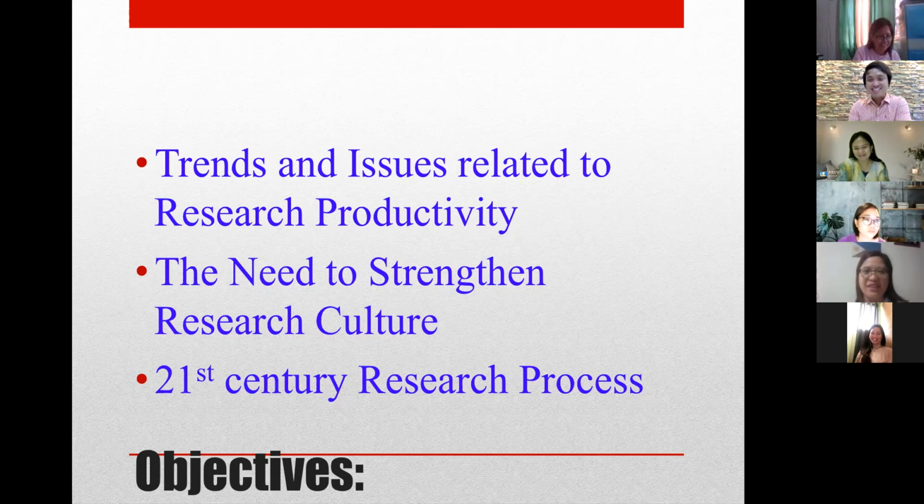MELCS, most essential learning competencies. Ibig sabihin, from the curriculum, pipiliin mo na lang, kahit sa higher ed, you will only select those most essential learning competencies.